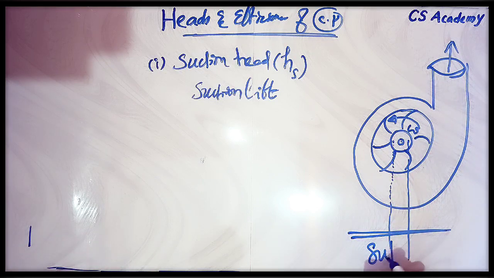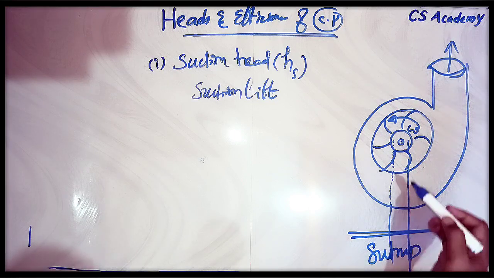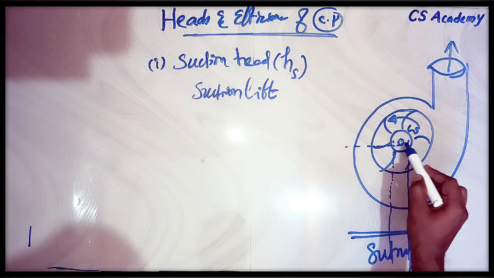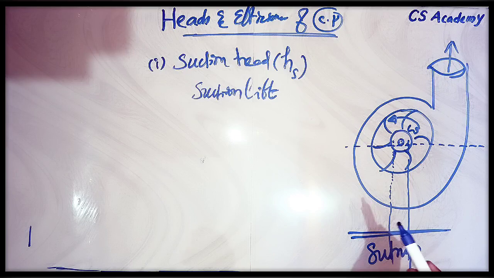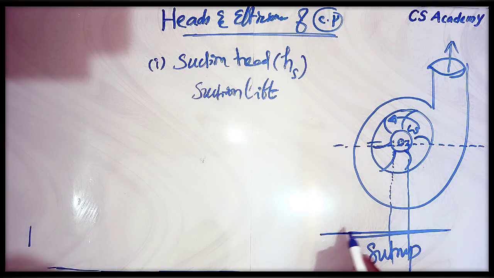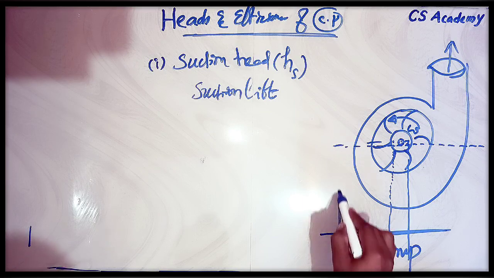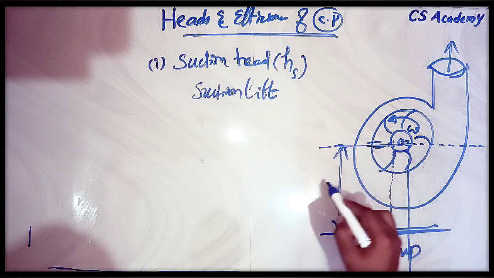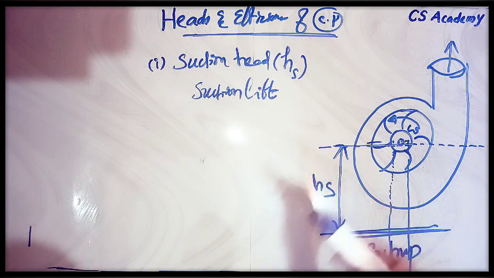Here it is a sump which has water at atmospheric pressure. This is the axis of the impeller. From this axis of the impeller to the top of the sump, the total vertical distance from the sump to the center of the impeller is called the suction head.